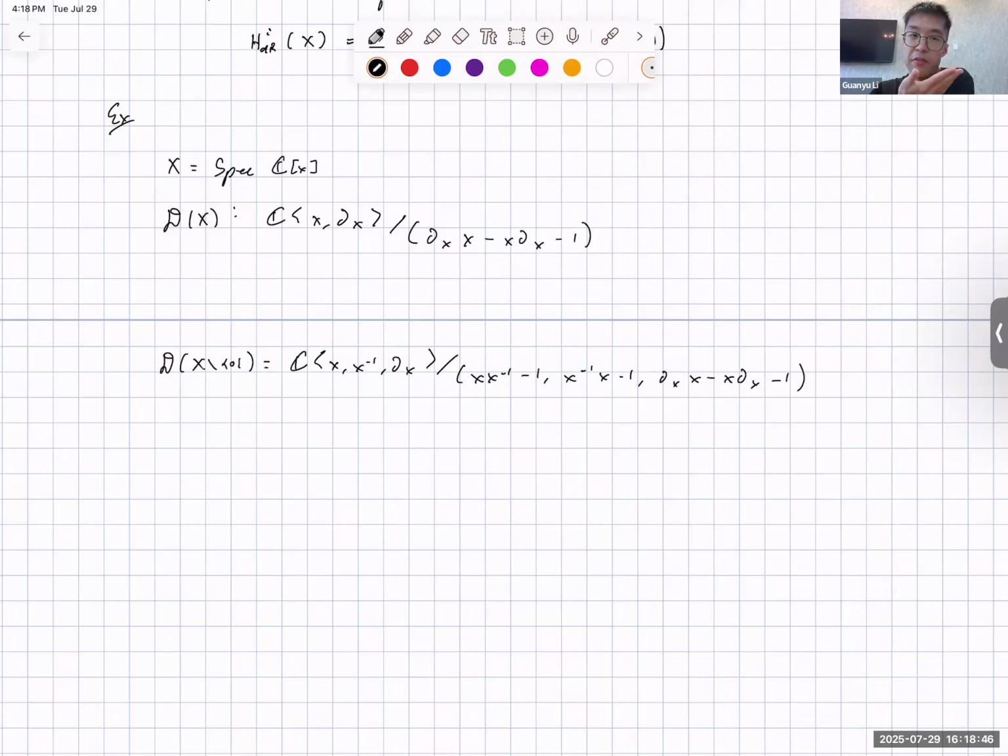But if we can't compute it, then that's a problem. Oftentimes it's very hard to compute the cohomology from this derived story.